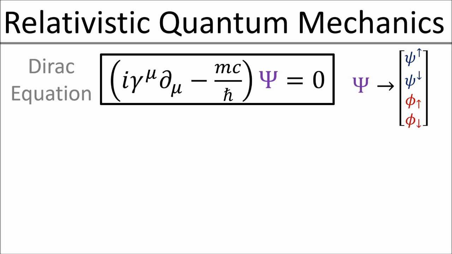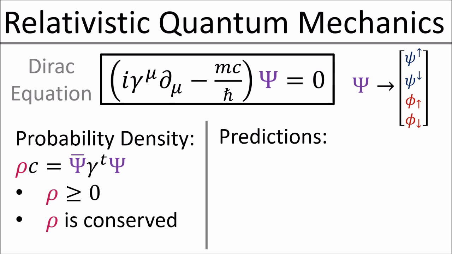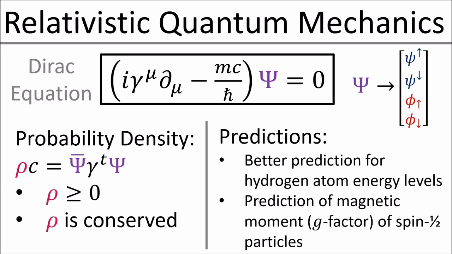The good news with this Dirac equation is that there is a resulting quantity that is non-negative and conserved over time, so it can be interpreted as a probability density. The Dirac equation also makes some good predictions, like better predictions for hydrogen atom energy levels, and also predicting the magnetic moment for spin 1/2 particles.